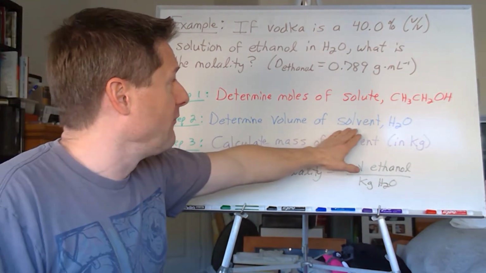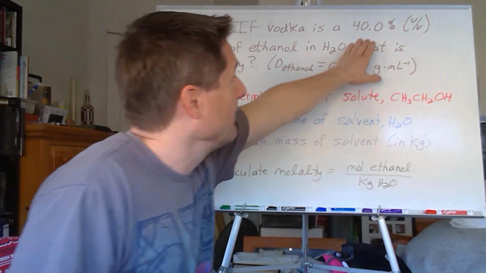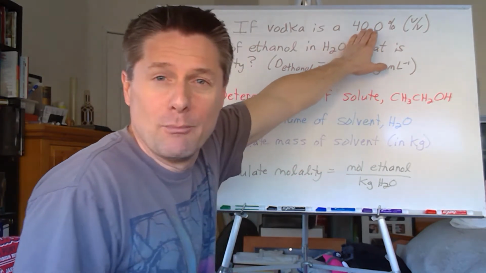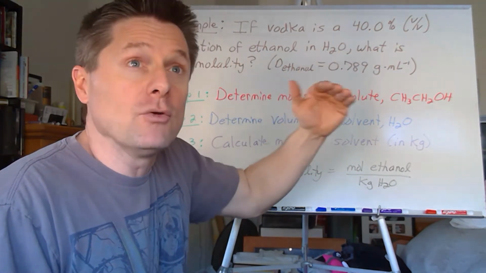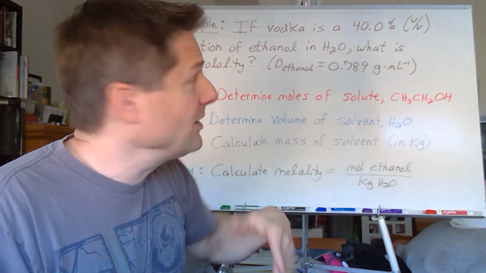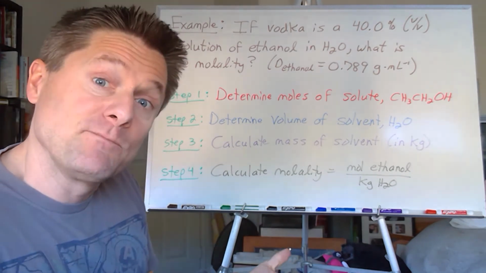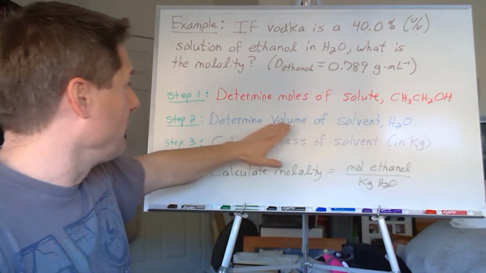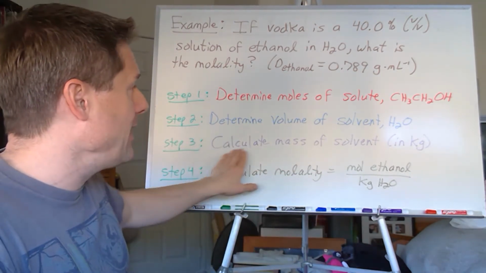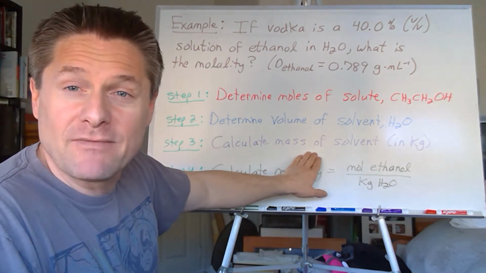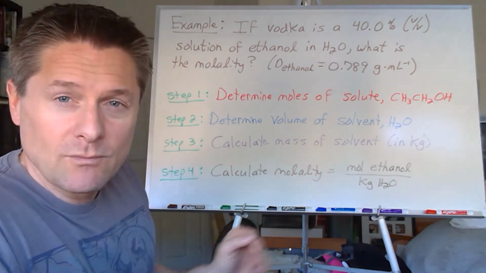So how do we get the volume of the solvent? Well, if this means 40.0 milliliters of solute per 100 mils of solution, you should be able to subtract those to get the volume of the solvent, right? And once you have the volume of the solvent, go to step 3, figure out the mass of that solvent in kilograms.